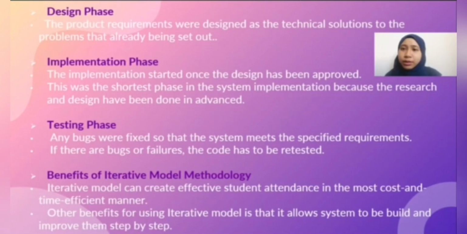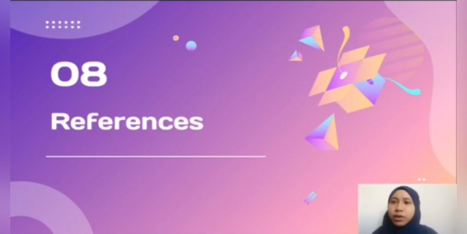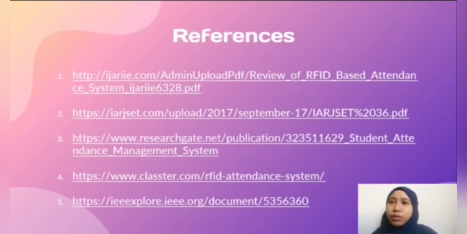The iterative model can create an effective student attendance system in the most cost and time efficient manner. Other benefits of using the iterative model is that it allows the system to be built and improved step by step. For the references, these are a few of the references that we have researched about attendance systems using RFID.